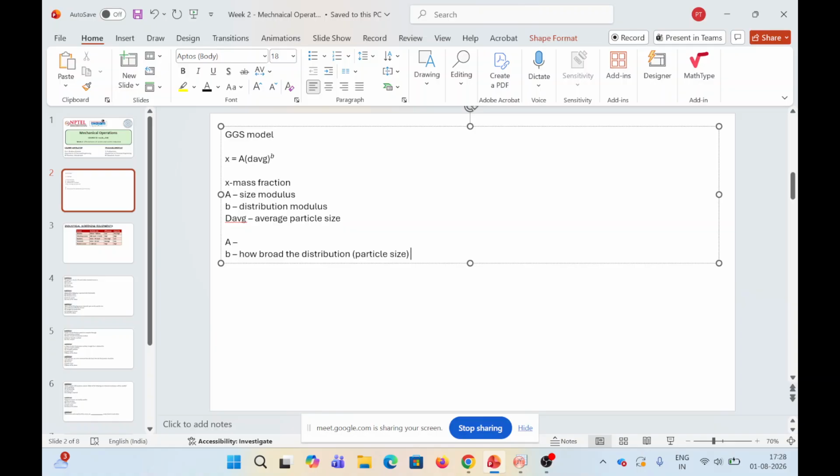Now what is A, size modulus? What is the physical significance of the parameter A?